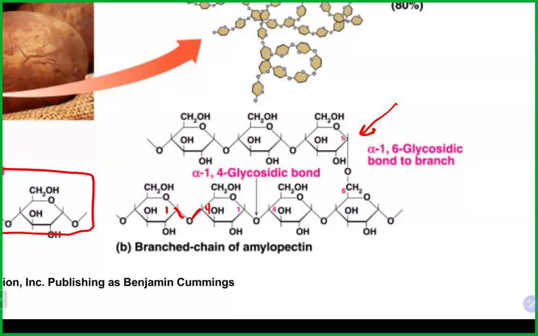Once again, this is our alpha carbon right there. So that is where the alpha comes from. And the 1 is carbon number 1. This attaches not to the ring, but to that carbon 6 that's always just hanging above the ring. And remember, that is our carbon 6 right there. And that makes an alpha 1,6 glycosidic bond.